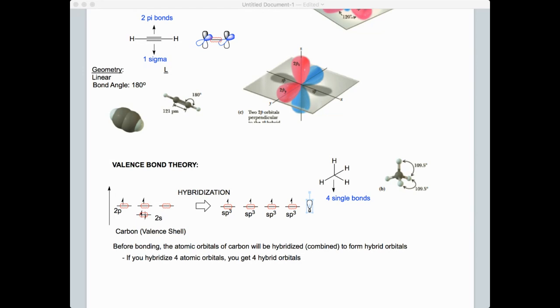I'm going to show another cartoon here so you know what it looks like. Once again, that's very important. That's how an sp3 orbital looks like. And these are the orbitals that the carbon is going to be using for the sigma bonds to these hydrogen atoms, 4 sp3 hybrid orbitals.